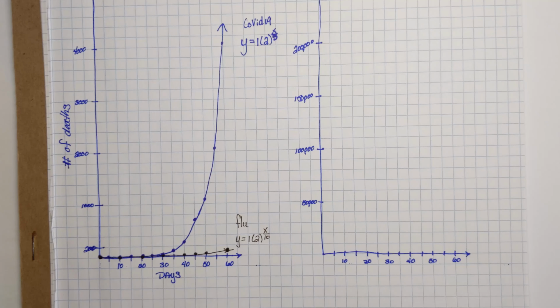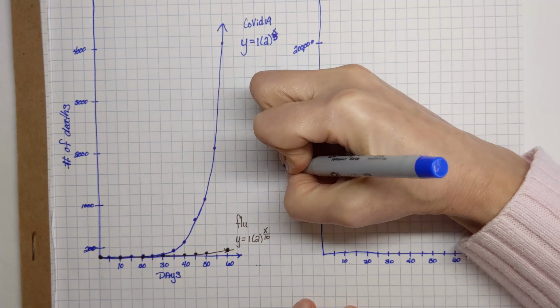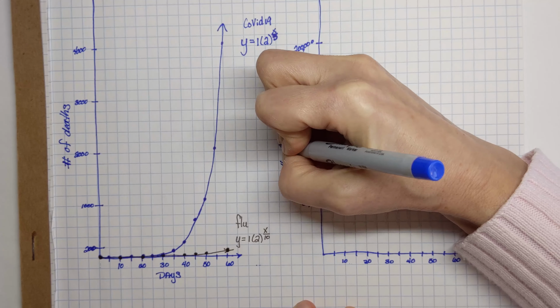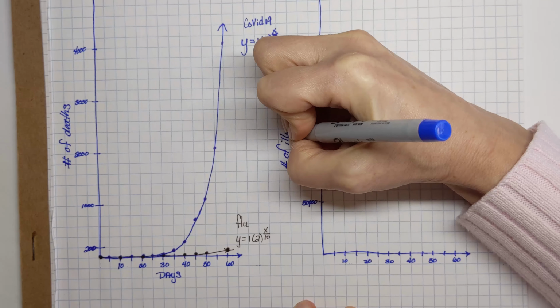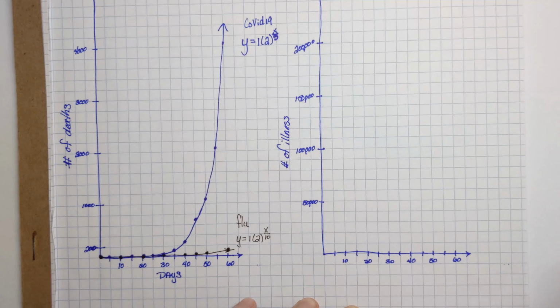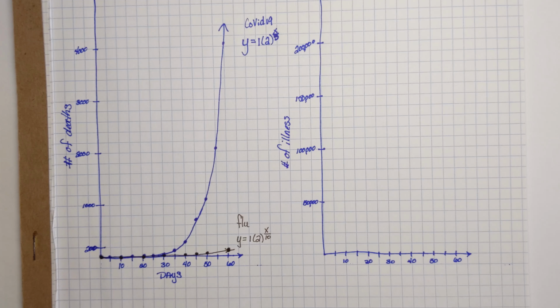Okay, let's come over to this graph now. This graph is the number of cases or the number of illnesses. Okay, and remember for the COVID-19, for every 1 death, there is 100 illnesses. For the flu, every 1 death means that there is 100 illnesses.